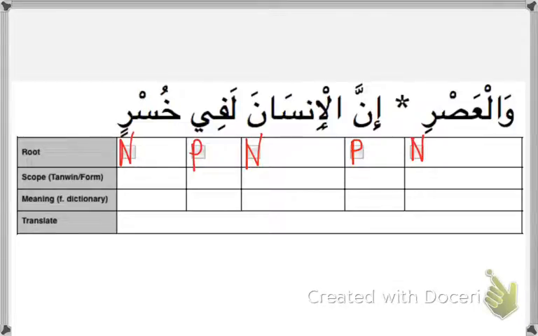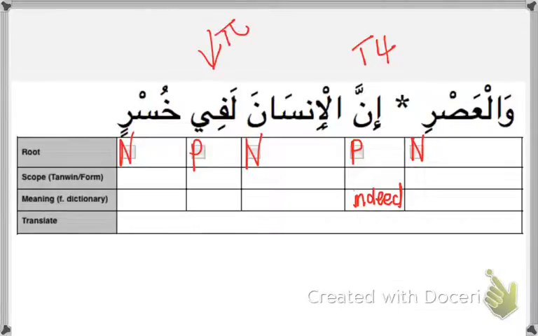And then what do we do? We translate the particles first. So Inna, we would refer to table 4 to get the meaning, and the meaning is indeed. Okay, you would need to refer to your table to verify that. And then the next particle we go to is Lafi.